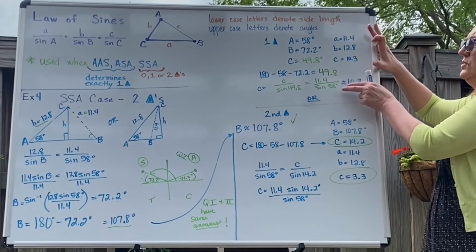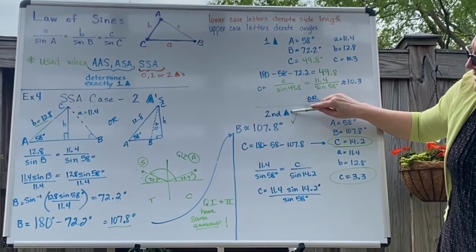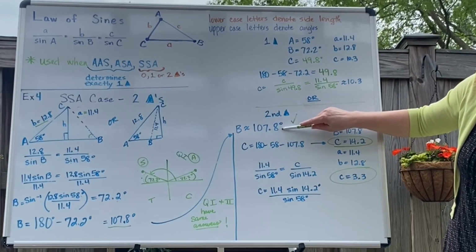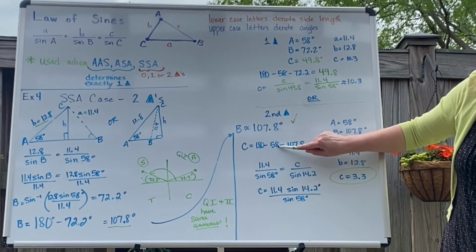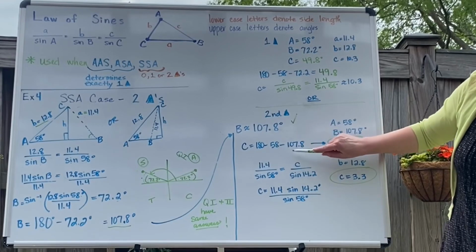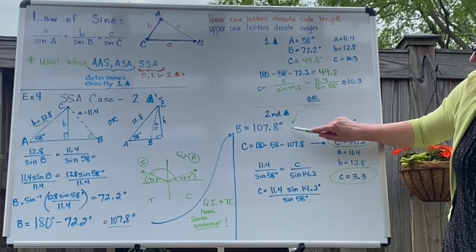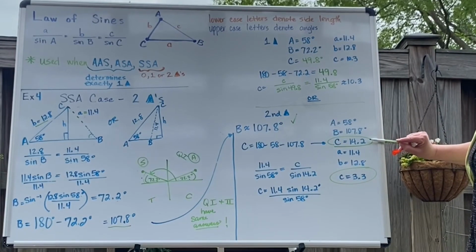You can ignore the top right now, okay? So my second triangle is coming from the possibility of 107.8 degrees. When I take 180 and subtract 58, the given angle A, and I subtract 107.8 from angle B, I'll get 14.2 for angle C, okay?